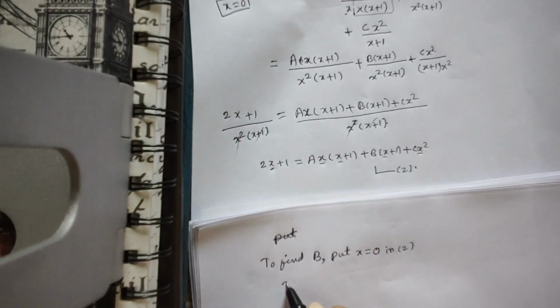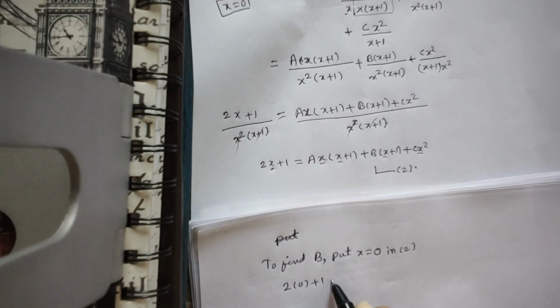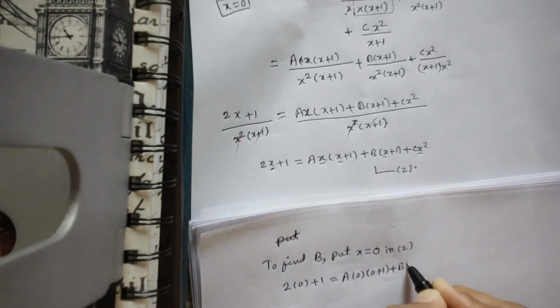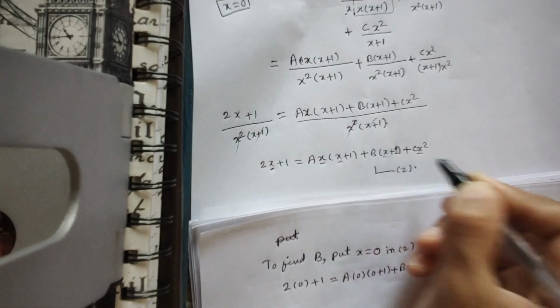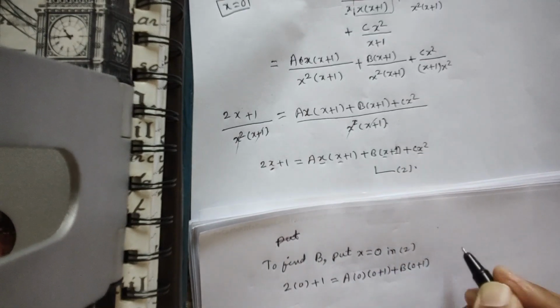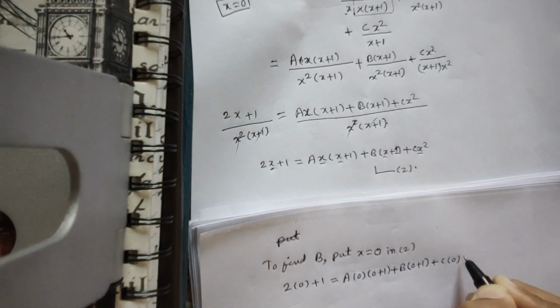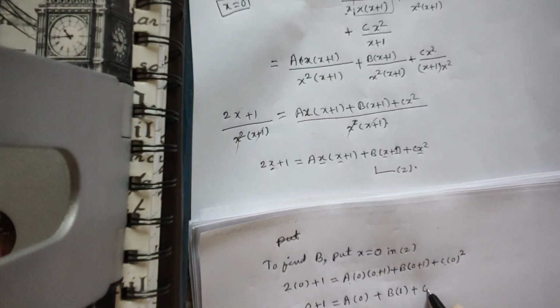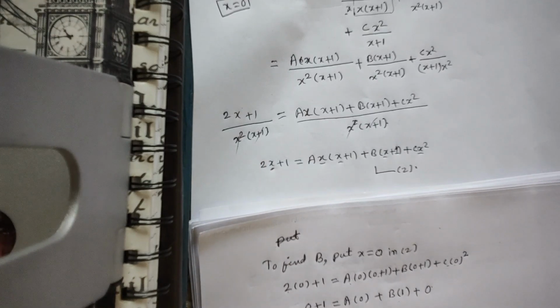What will I get? 2 into 0 plus 1 equal to A multiplied by 0 into (0 + 1) plus B into (0 + 1) plus C into 0 square. So 1 equal to B.